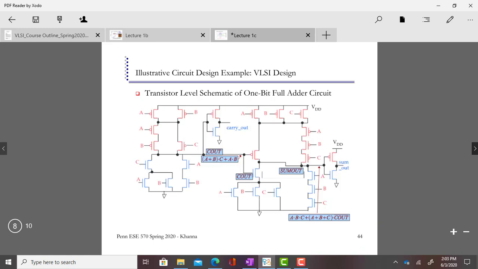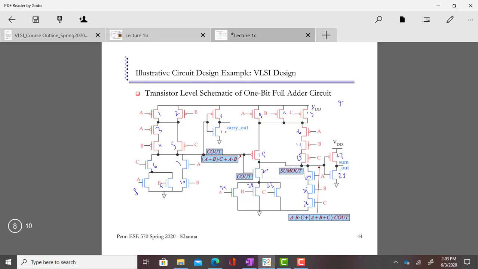Now this is the physical level, we are entering into VLSI design. You see, this is a circuit which has, I don't know how many transistors, let's count: 1, 2, 3, up to 28.